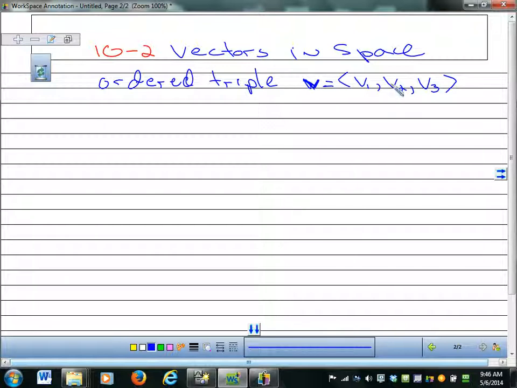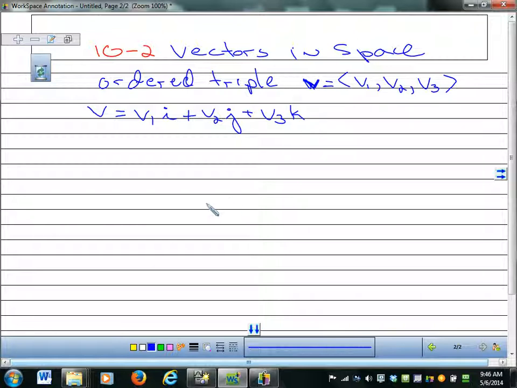Okay? You can write a vector in IJK form. They call it unit vector form, I think, in the book. But you can write it like this: v equals v1 times in the i direction, which is basically the x direction, plus v2 in the j direction, plus v3 in the k direction.